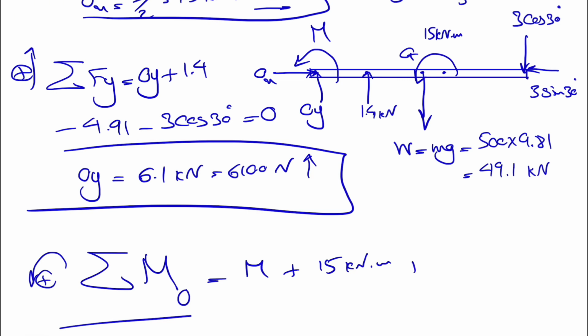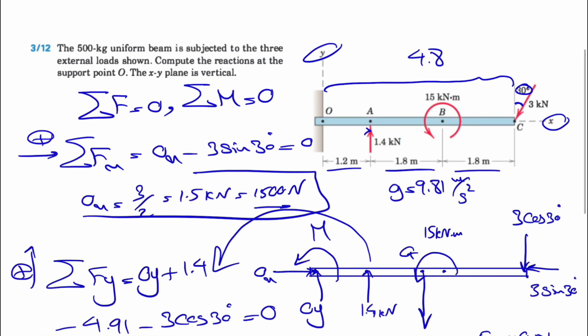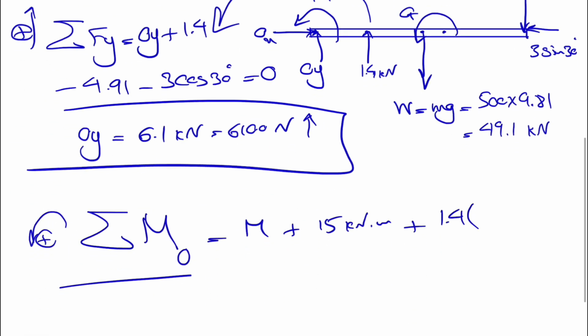We have the moment of the 1.4 kilonewton force, which is in this direction, so counterclockwise positive 1.4, and the distance from this force to O is 1.2, so 1.4 times 1.2. We are using the 2D shortcut for finding the moment. We went over that shortcut over and over in the channel, so feel free to check the videos in the channel.